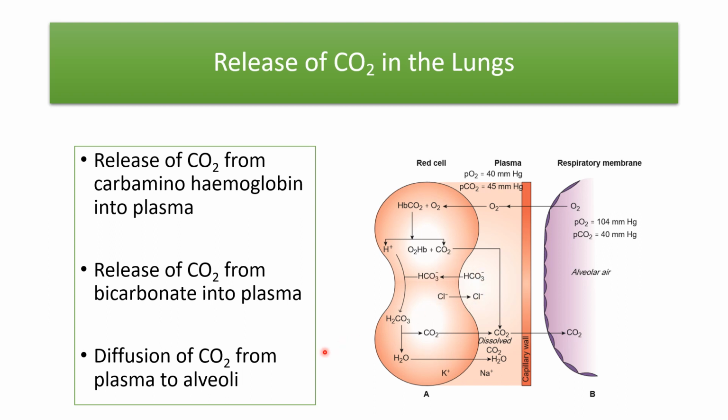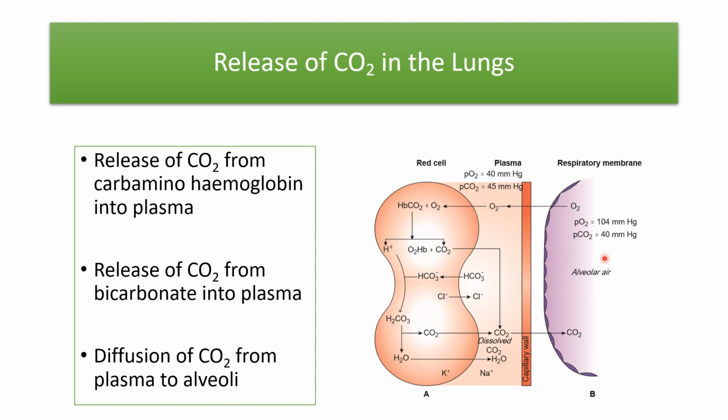Now, in the last, the carbon dioxide that was present in the dissolved state in the plasma, plus released from the carbaminohemoglobin, and that was formed due to the bicarbonate combination with H plus ion, all of these combinedly exert partial pressure of carbon dioxide around 45 mmHg.